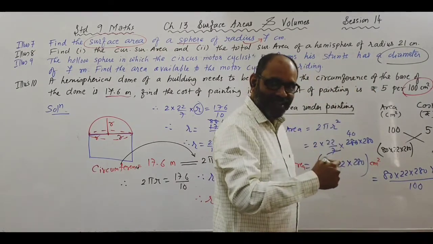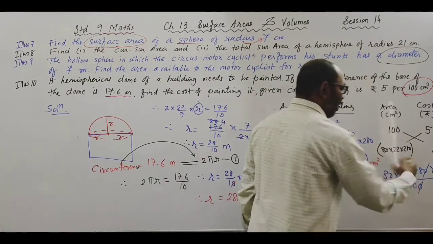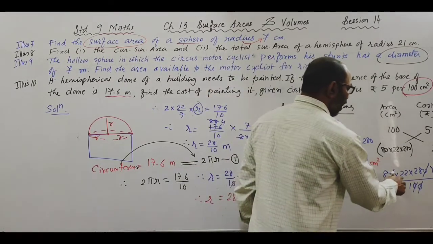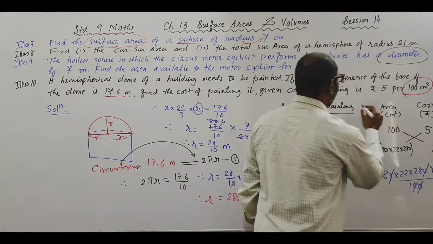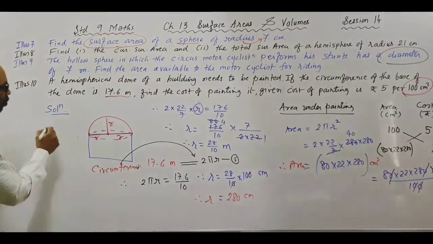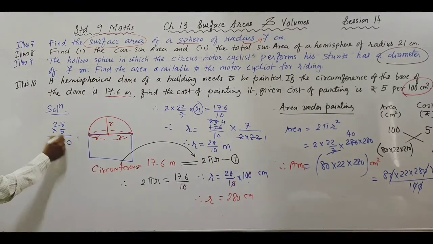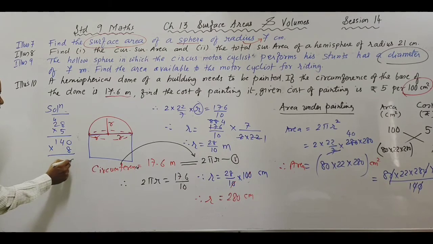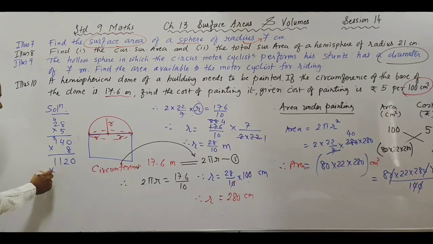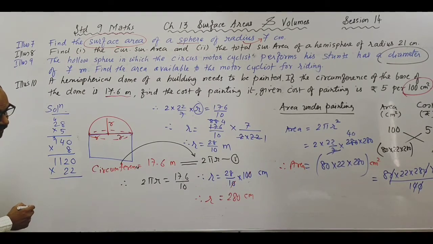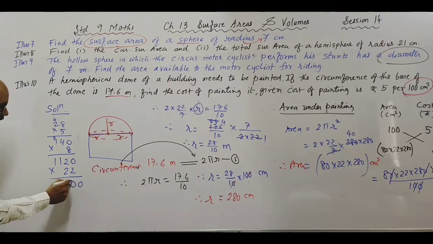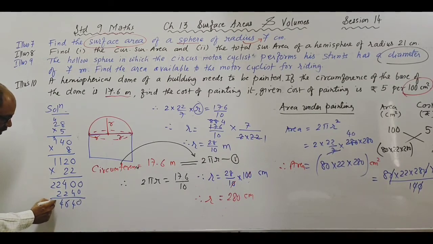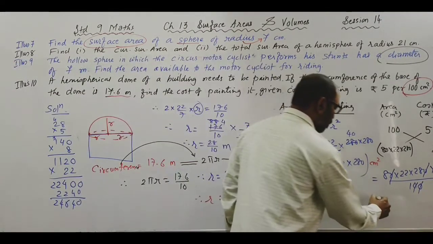For reduction, something will reduce. One 0 goes and the other 0 also goes. Right? Now I'll have to do the multiplication. 28 fives are 140, and this is 14 multiplied by 8, and 11 multiplied by 22. Multiplying gives 24640.